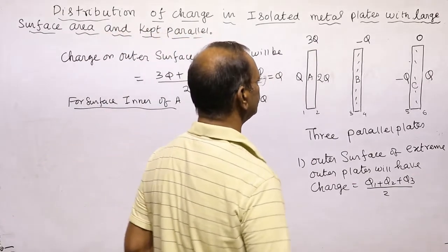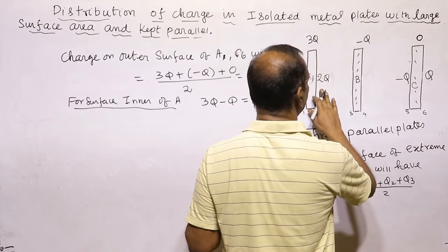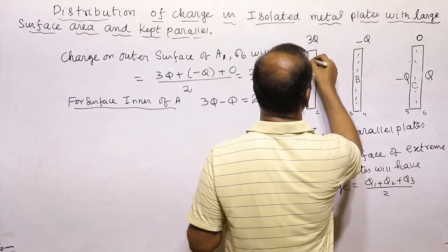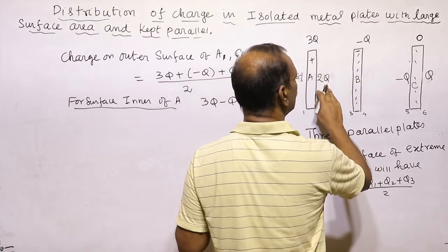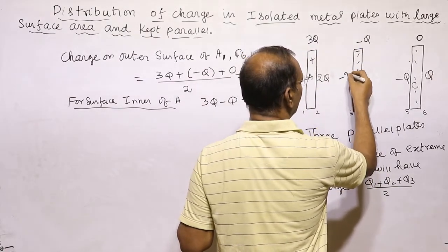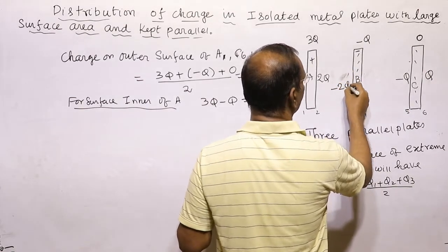Otherwise also we can check. For this we have solved, but this plate will induce a charge. This is positive and this is negative. This will induce an equal and opposite charge here, that is minus 2q charge.